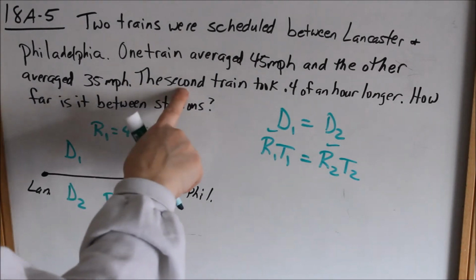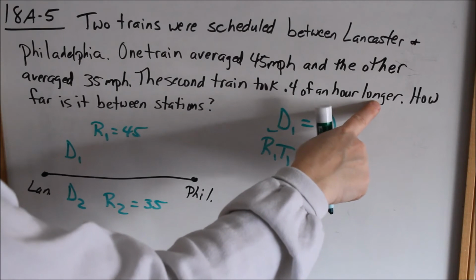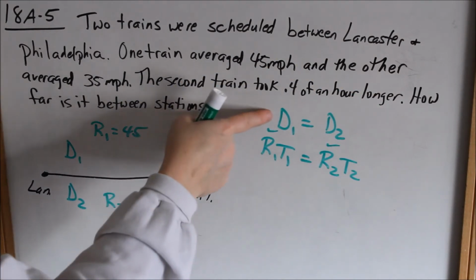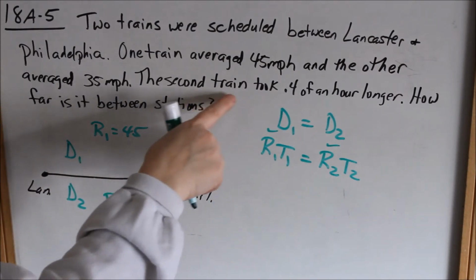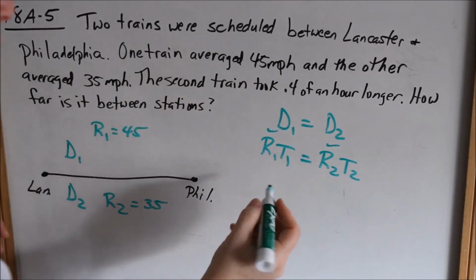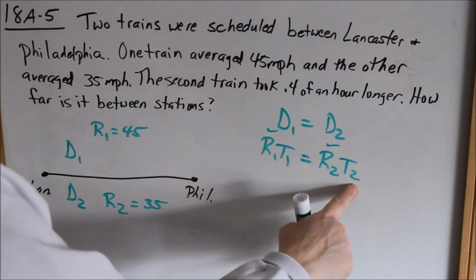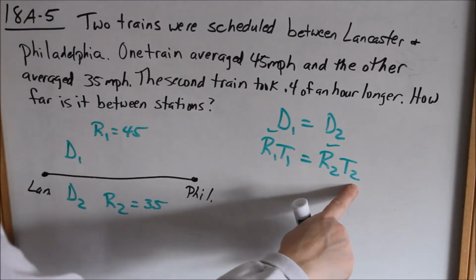It says the second train took 4/10 of an hour longer. How far is it between stations? We want to know the distance, but we can't know the distance until we know the time. Right now we have 2 unknowns, so we have to have a second equation. We need to write our second equation from the time information.